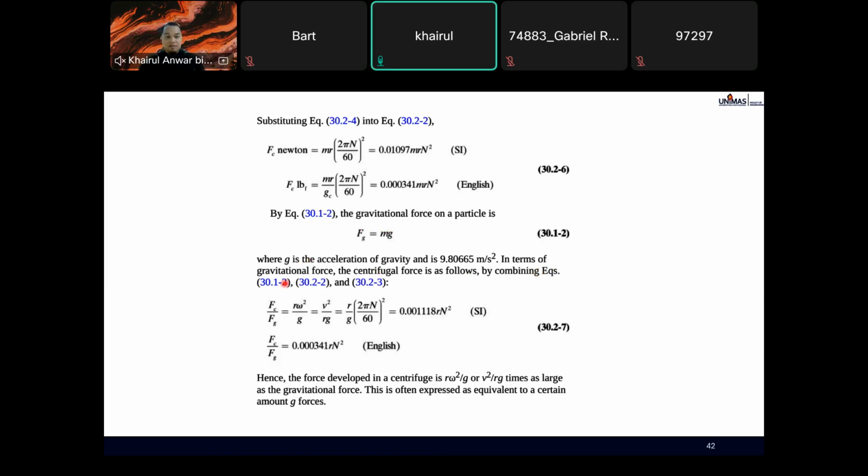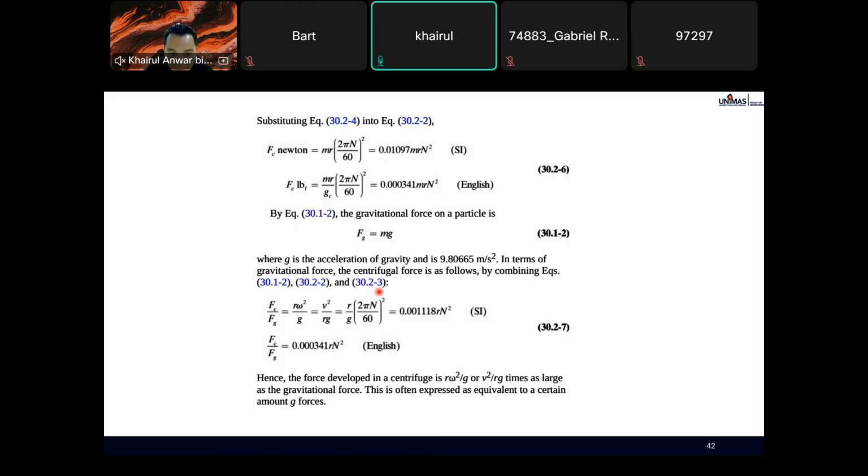Equation 30.1-2, okay, this is the gravitational force. In terms of the gravitational force, the centrifugal force is expressed by combining equations 30.1-2, 30.2-2 and 30.2-3. So remember, there are other forces acting on the particle. Although this is focusing on the centrifugal force, there is gravity force downward.